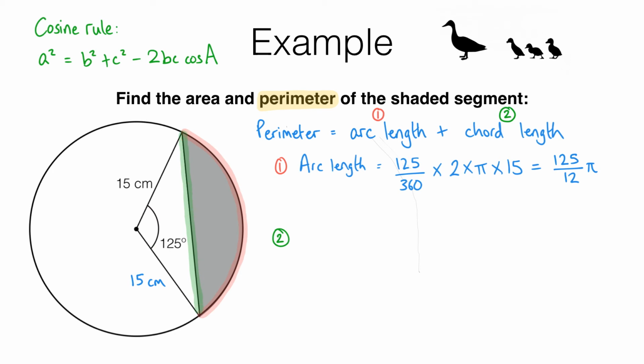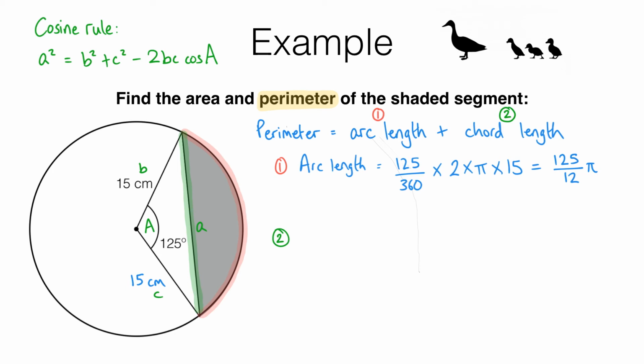Labelling this up, I'm going to call this side A, so I'm going to use lowercase a, capital A for this angle, and then the other 2 sides are B and C. We don't really need to label the other 2 angles, but I will do so anyway.